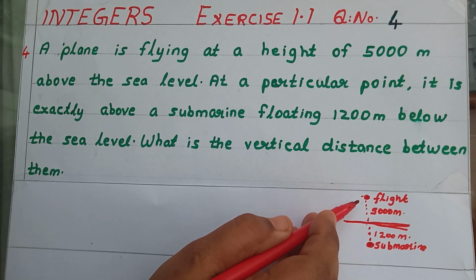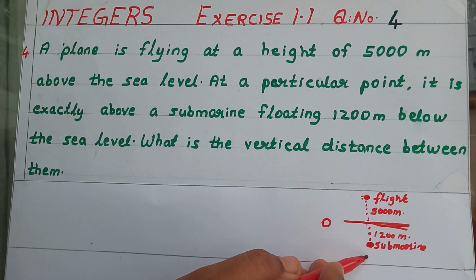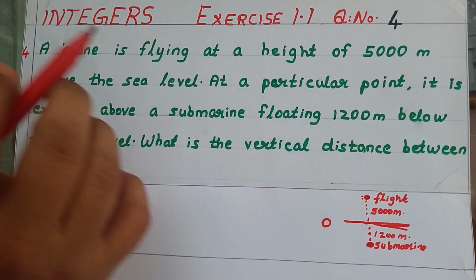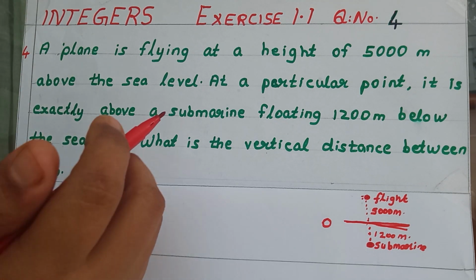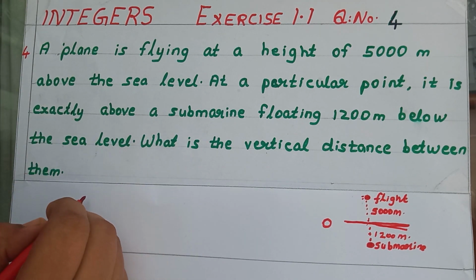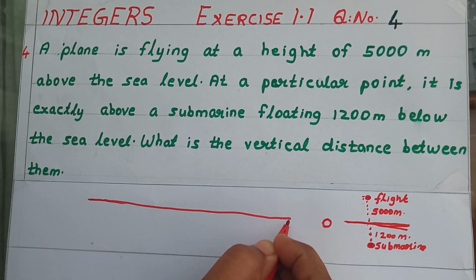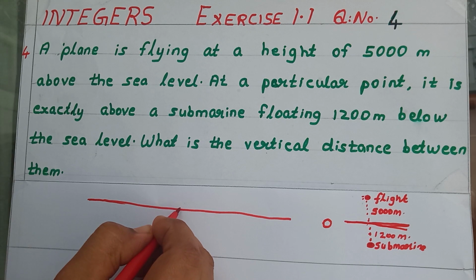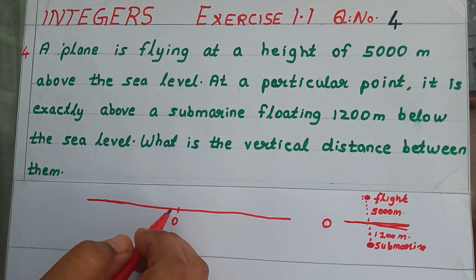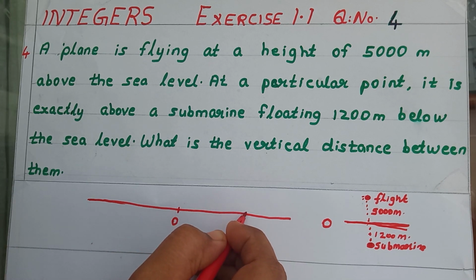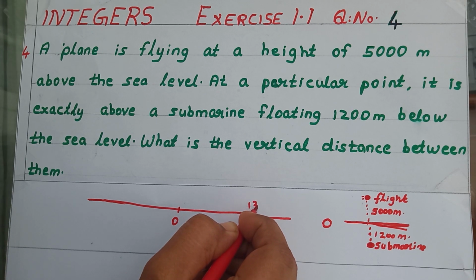See, now the flight and the submarine. We want to find the distance in between flight and the submarine. So before starting this, we should think of one case. See, this is our number line and this is the point 0. Radha covers 13 kilometer from the point 0.